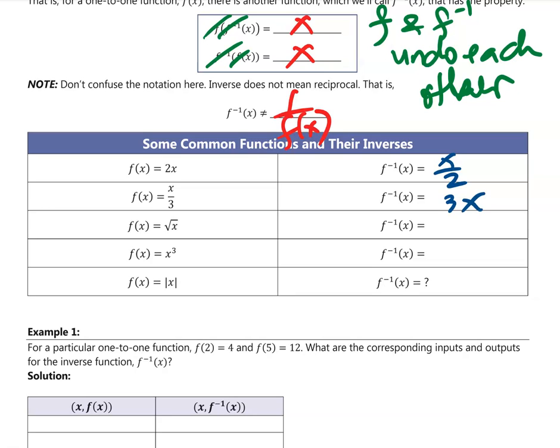Square root of x, that is x squared. X cubed is cube root of x. And cube root of x, you can write this as x raised to 1/3. And how about the absolute value of x? Actually, no inverse.